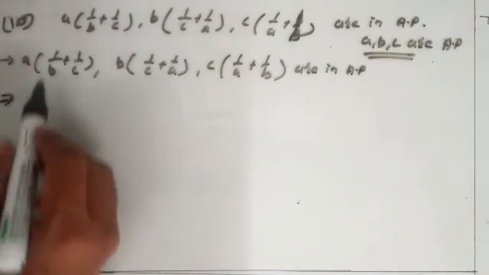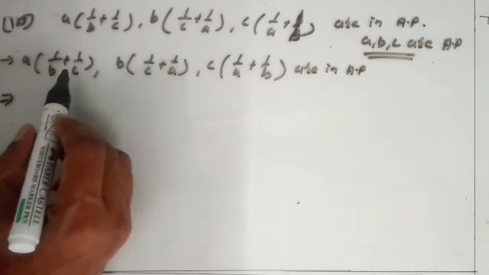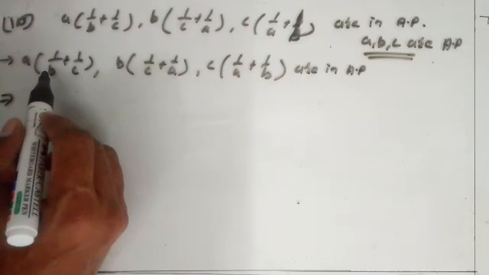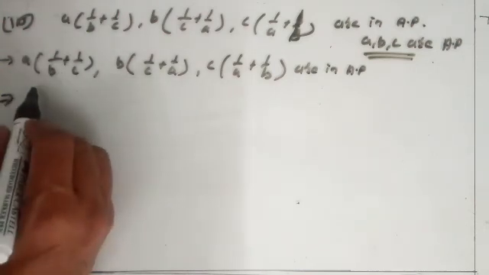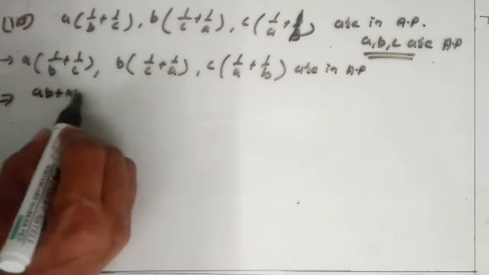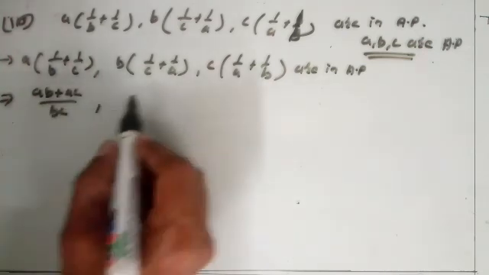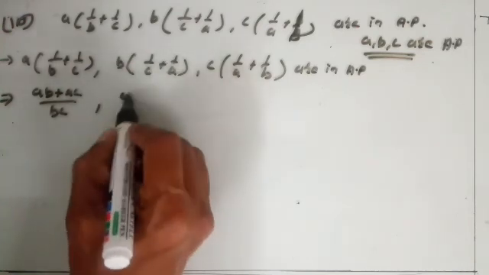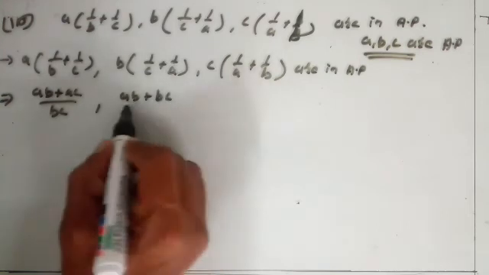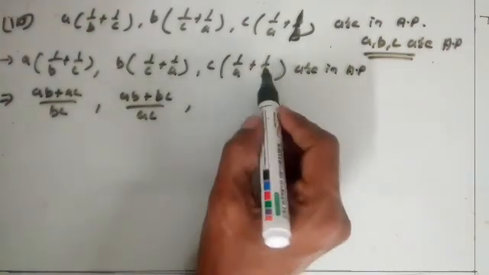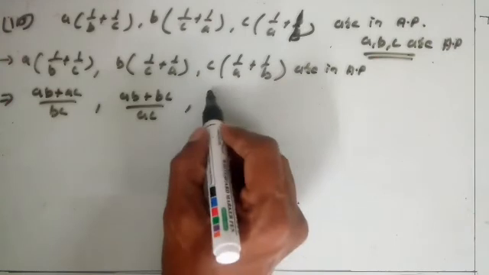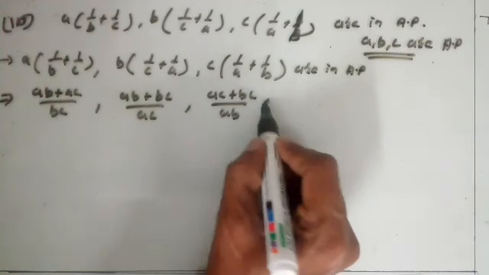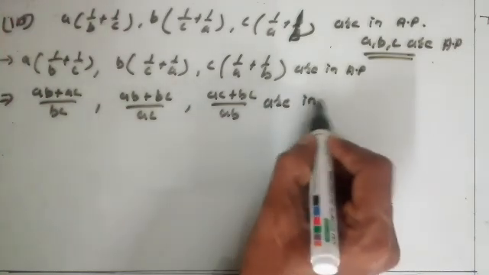This implies, now simplify this: (b plus c) upon bc, and a taken inside, so (ab plus ac) upon bc, and similarly b taken inside, taking LCM, (ab plus bc) upon ac, and here c taken inside, so we get (ac plus bc) upon ab are in AP.